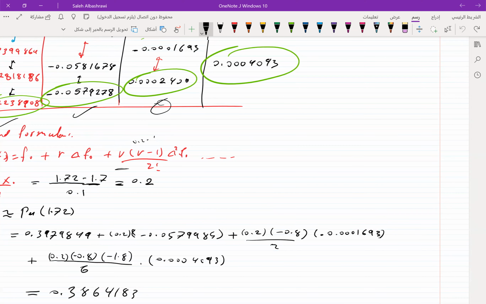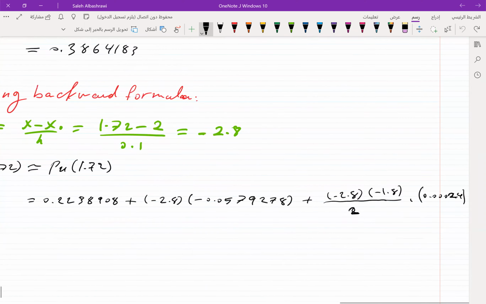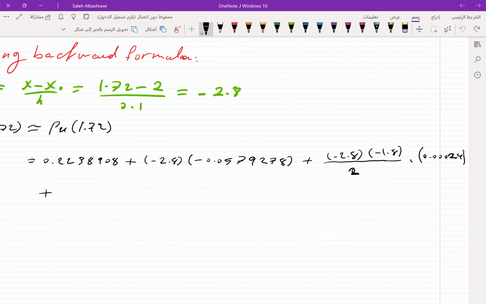The second one. And for the last one, we add over 6. This is over 3 factorial.